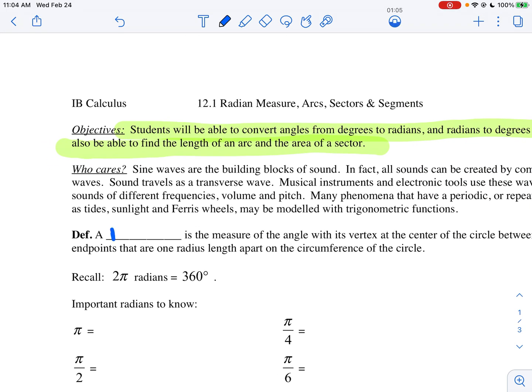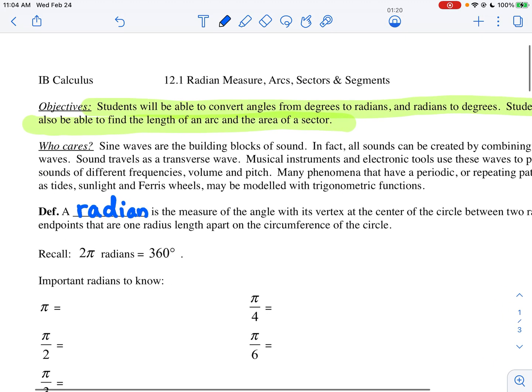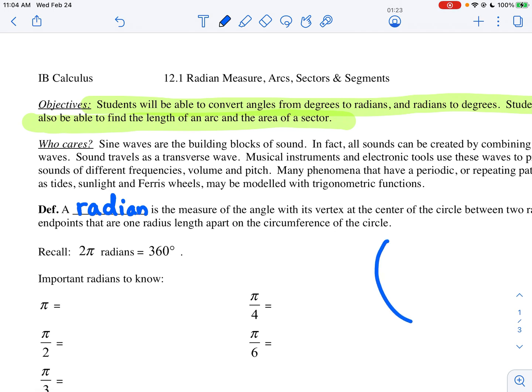All right, a radian is the measure of an angle with its vertex at the center of the circle between two radii with endpoints that are one radius length apart on the circumference of the circle. So let's draw a picture here, and let me highlight this, okay?